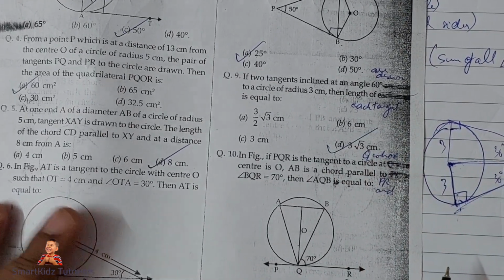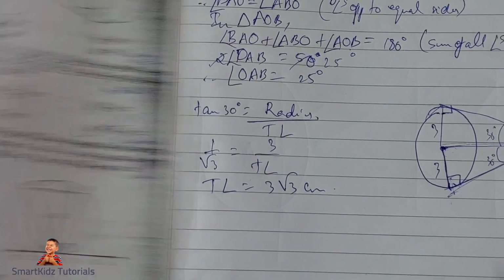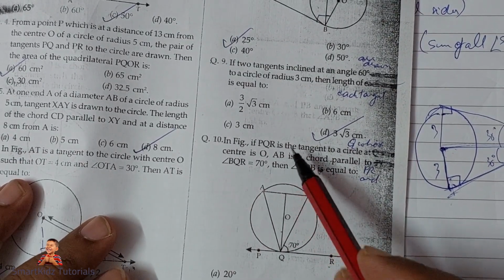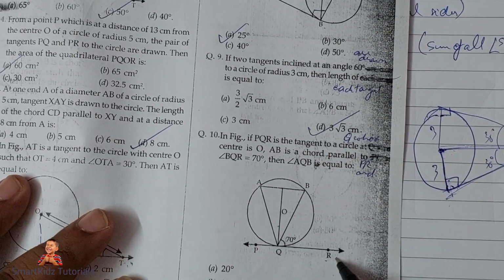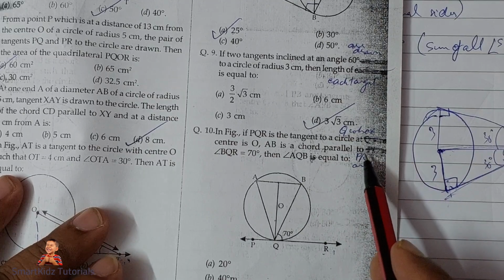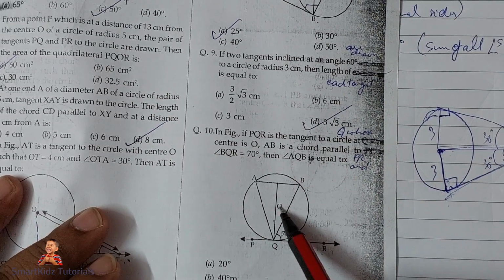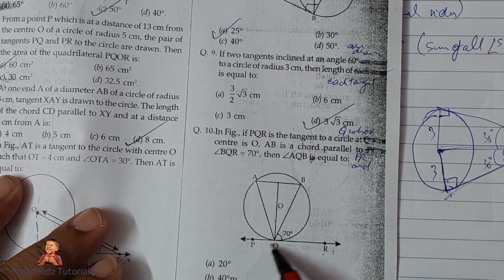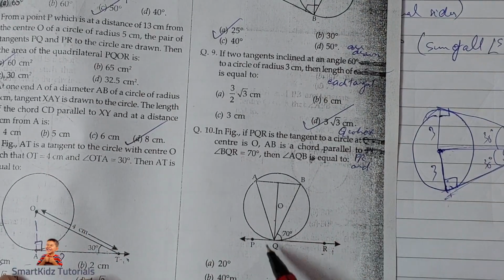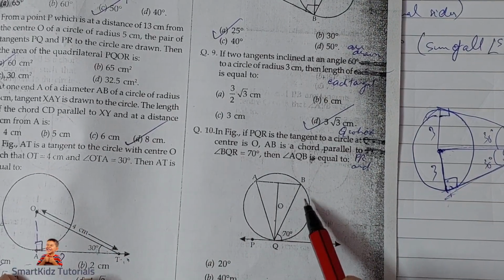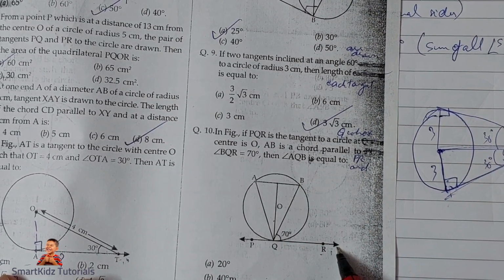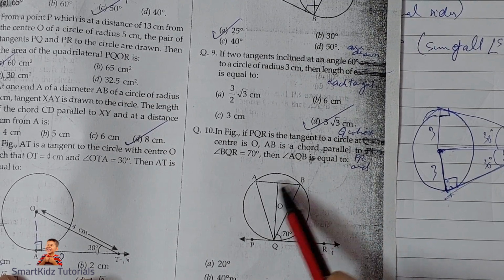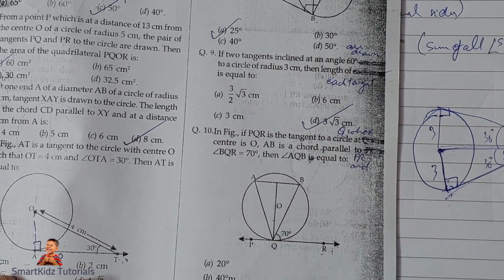That completes our 9th question. Now for the 10th question: in the figure, if PQR is a tangent to the circle whose center is O, AB is a chord parallel to PR, and angle BQR is 70 degrees, then angle AQB is equal to what?